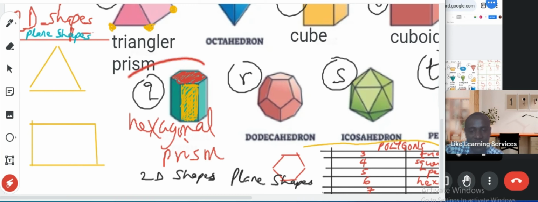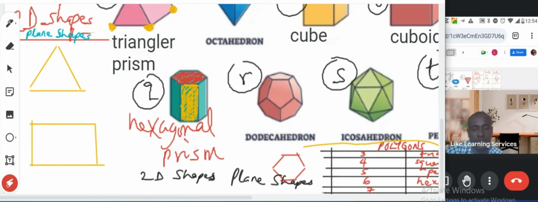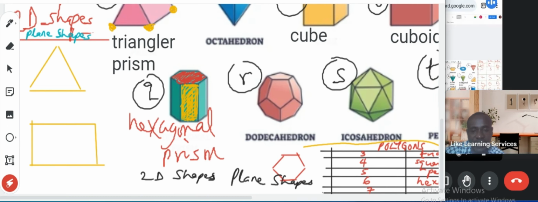In fact, for this hexagonal prism, you have two hexagons. Let's think about it together. You know the top is a hexagon. Can you see the top I'm touching? The bottom is also a hexagon. And then of course you see the sides. The sides are rectangles. So you have many 2D shapes or faces, plane shapes that make up a 3D shape or solid.